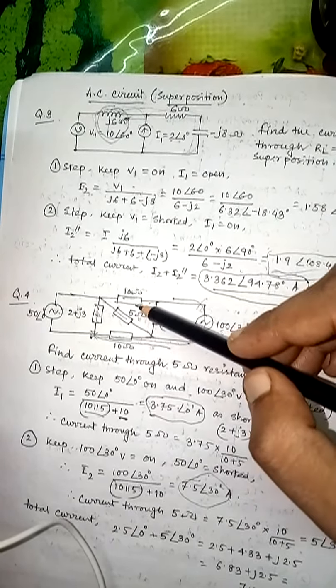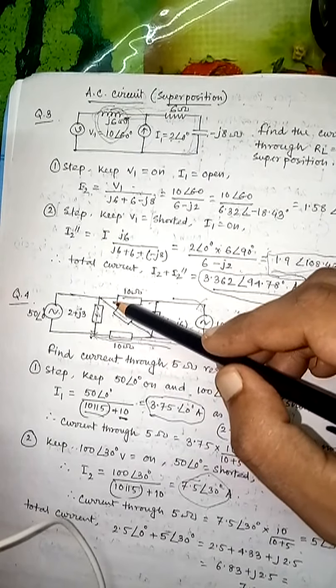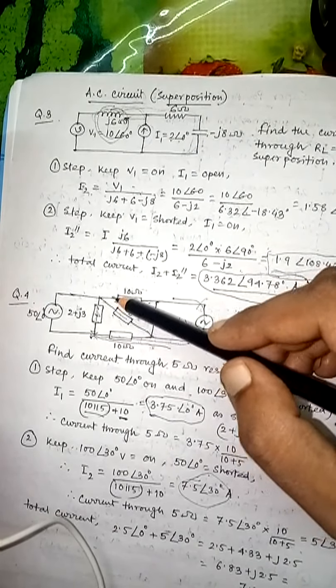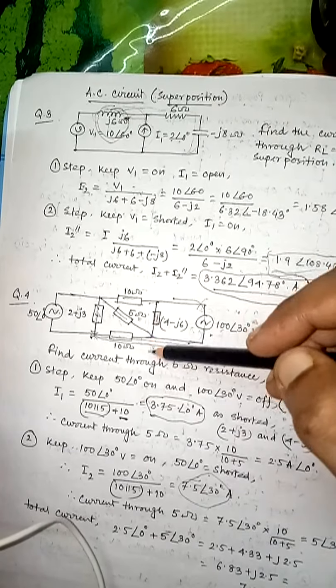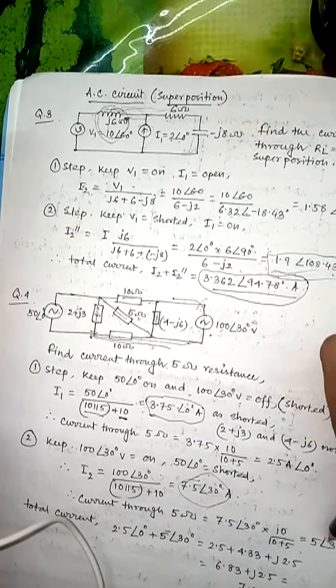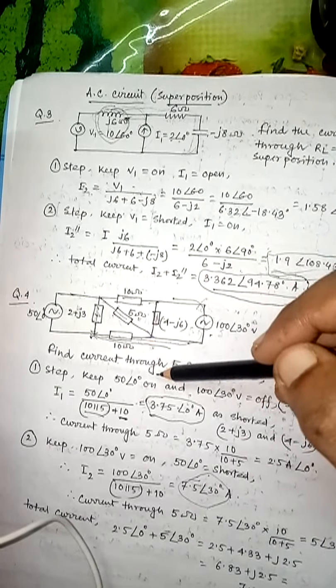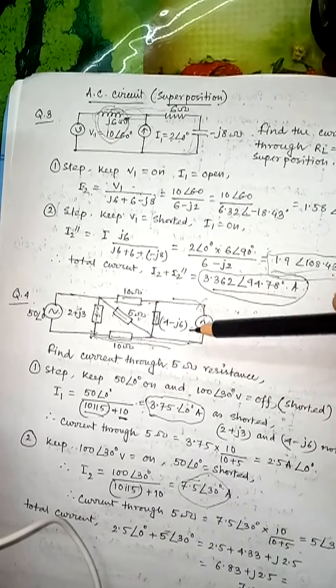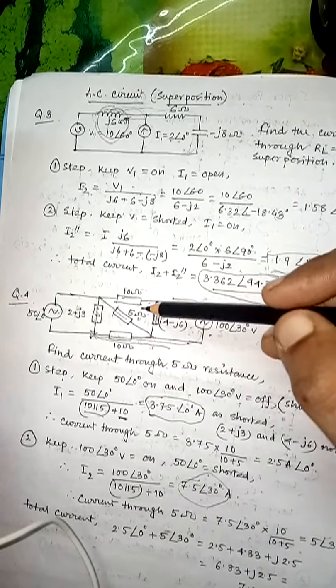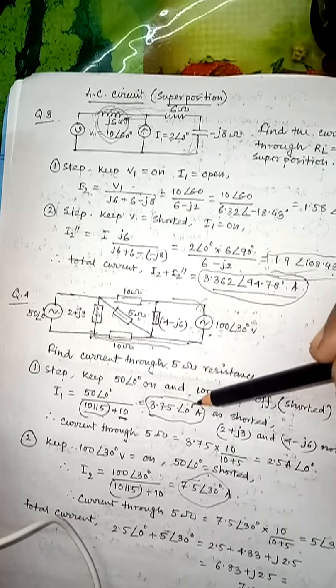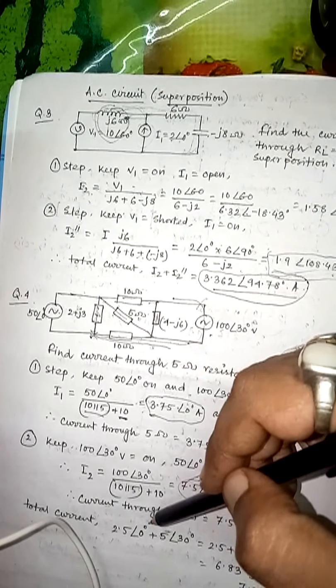So the total current here is 5 angle 30 degrees, and initially it is 2.5.